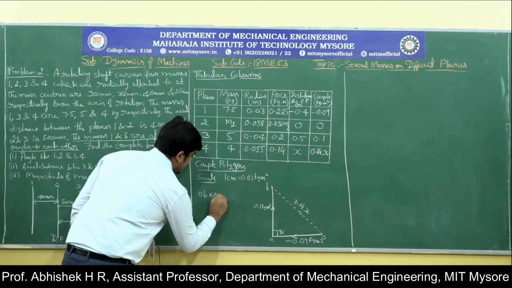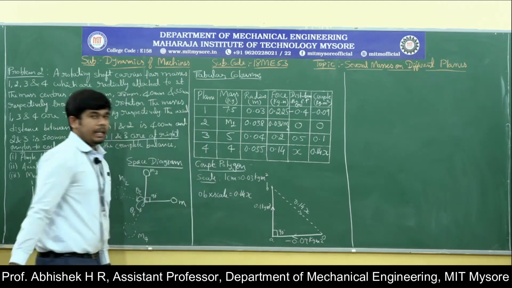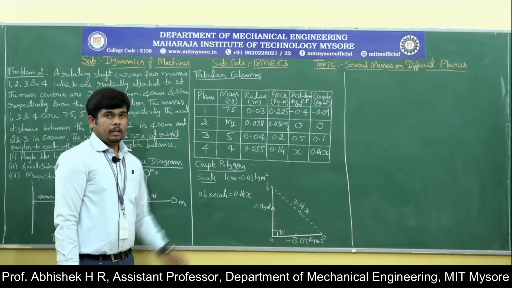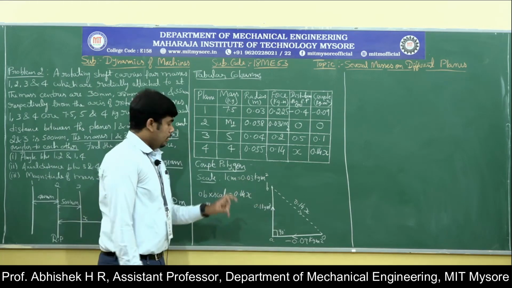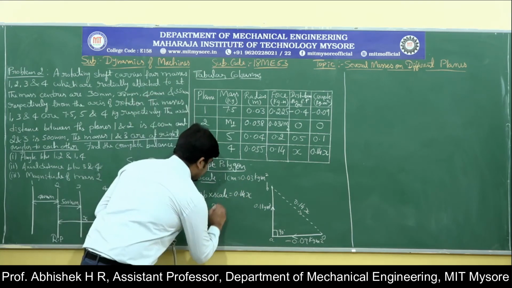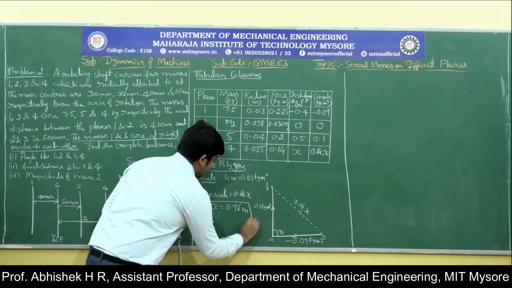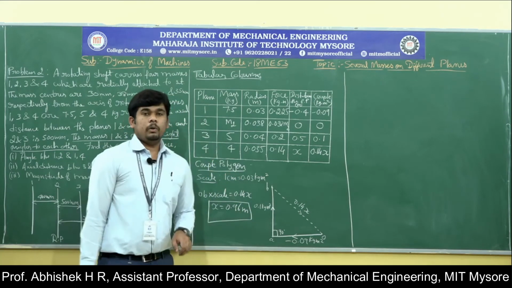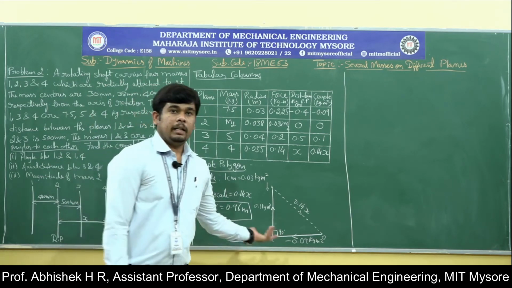OB into scale is equal to 0.14x. Measure the distance and multiply with your scale, and if you simplify this you will get x equal to 0.96 meter. If you say in mm, it will be 960 mm.